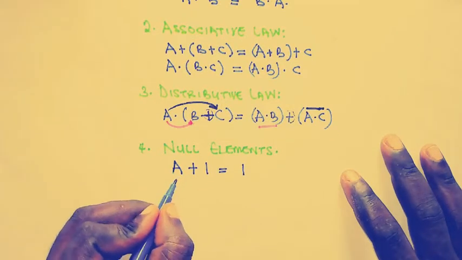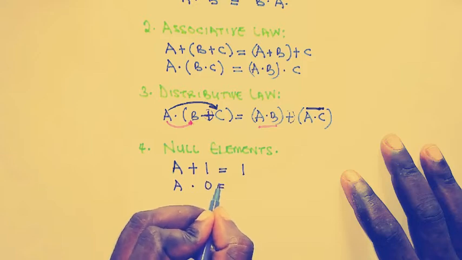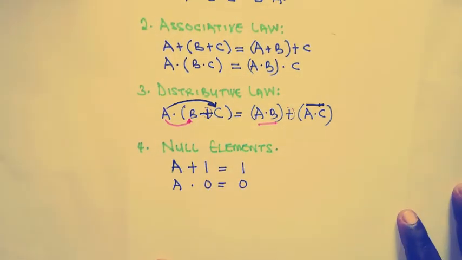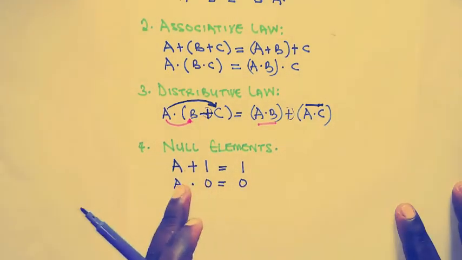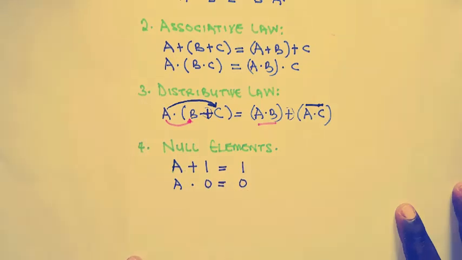And so also if we have A, multiply it by 0, and then we have a 0, we know that this is what we call null element. So A dot 0, of course, anything that is multiplied by 0 will always give us a 0.